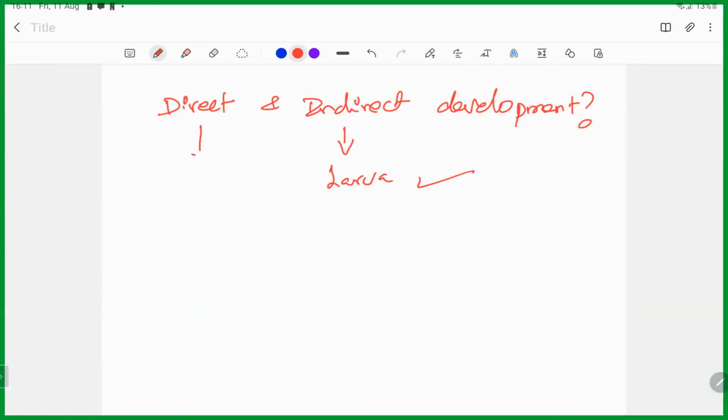In direct, no larva. Very good. So larva is present in indirect development, where the egg or zygote development stage includes a larva. Here, no larva. That's direct and indirect development. Very good.